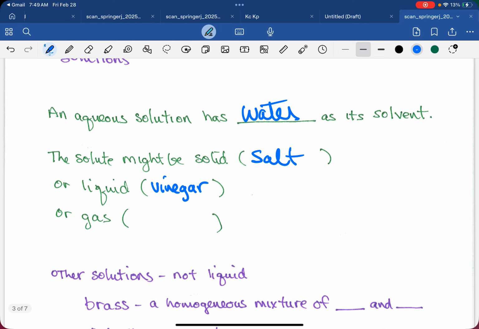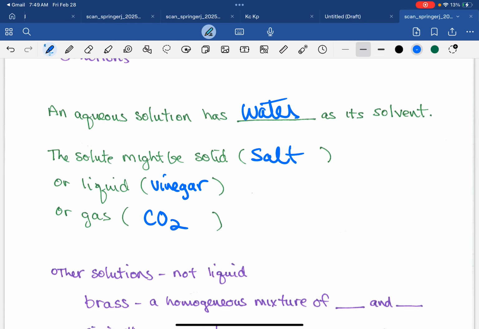Or a gas, like carbon dioxide, could be dissolved in water. If we open a can or a bottle of carbonated beverage, it has carbon dioxide dissolved in it. As soon as you open it up, that comes out of solution. But while it's sealed, the carbon dioxide is dissolved, and it is a solution at that point, I believe.